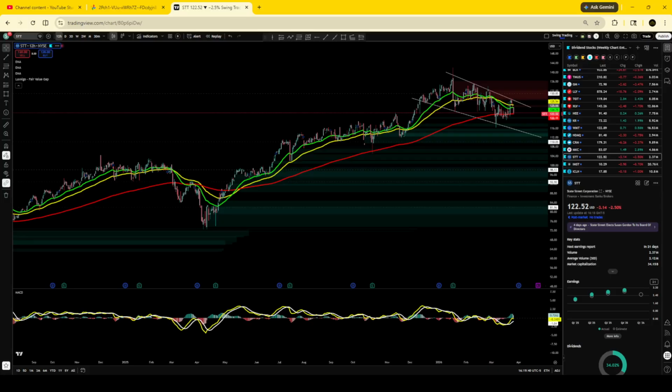So in the next lesson, we'll cover entries and execution. Now that your indicators confirm setups, it's time to plan entries, execute with confidence, manage trades with multi-time frame awareness.